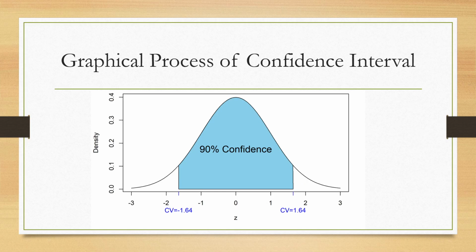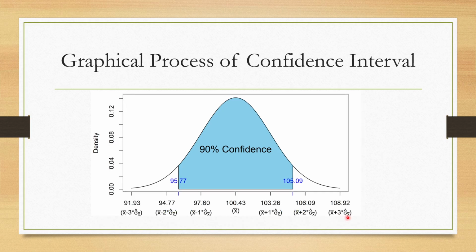That +3 on the right-hand side represented 3 standard deviations above the mean in the standard normal. Now it still represents 3 standard deviations above the mean, but now it's for our data, calculated with our mean and our standard deviations.